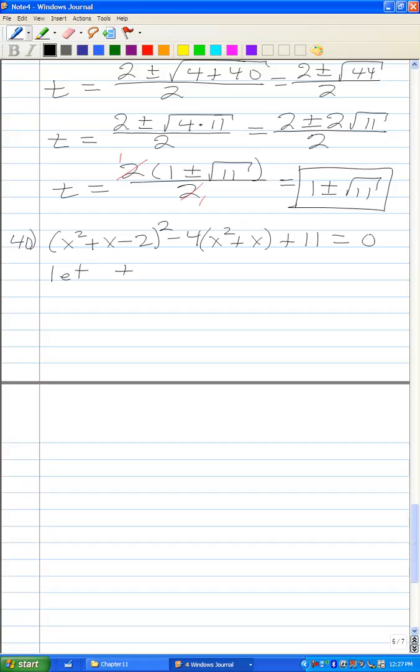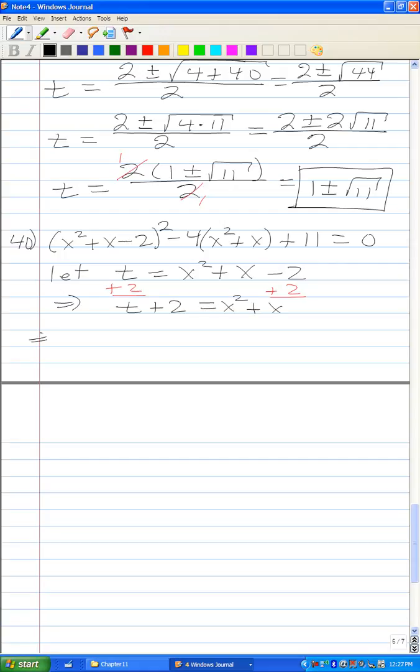Let t equal x squared plus x minus 2. So that means that if I add 2 to both sides of my equation, I get that t plus 2 equals x squared plus x.